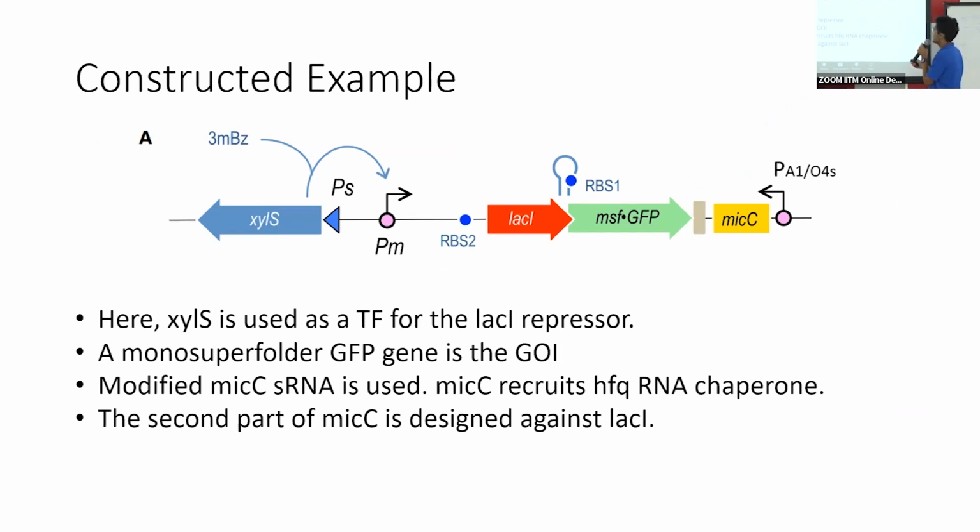Further, we use a MicF sRNA, which includes an Hfq chaperone. However, the MicF was redesigned so that when it's produced, it will stop the translation of the LacI repressor and hence also the msfGFP.